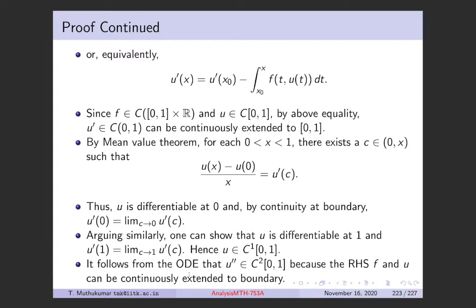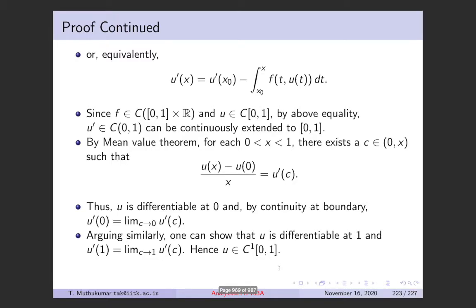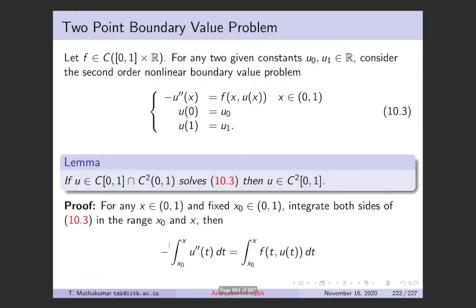So from the ODE itself, we can show that u is twice differentiable, including the endpoints. So we have established our lemma, whatever we wanted to show here: if you have a solution to this problem which is twice differentiable in the interior and continuously extendable to the endpoints, then it is differentiable even at the endpoints.